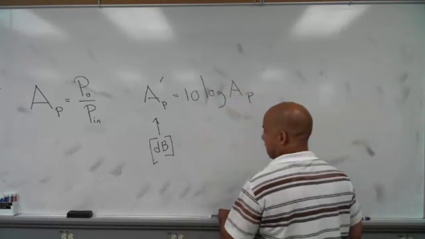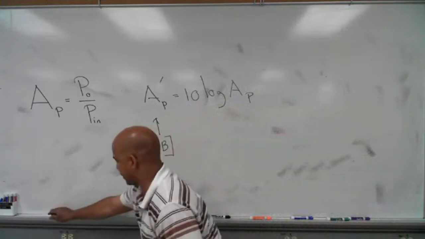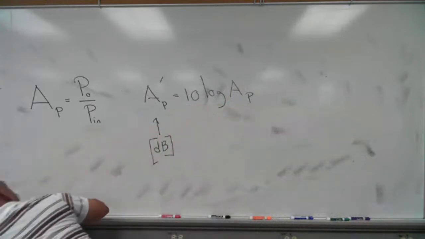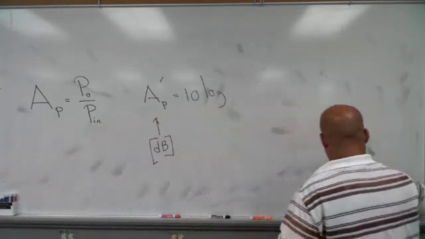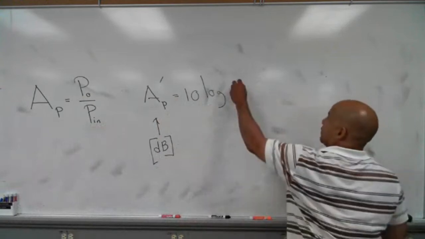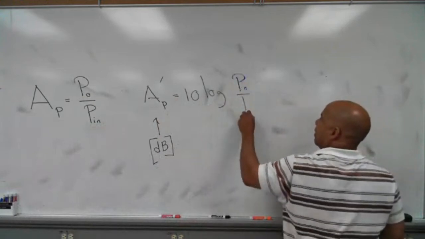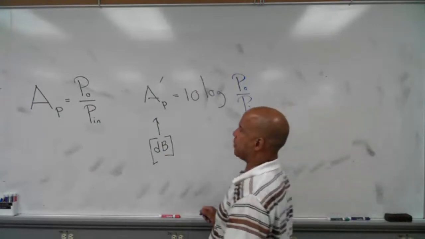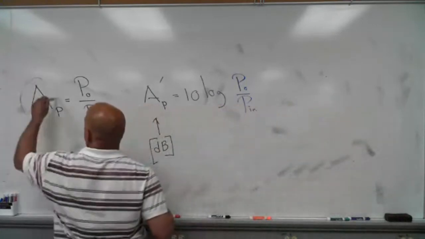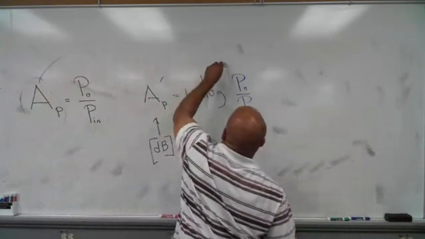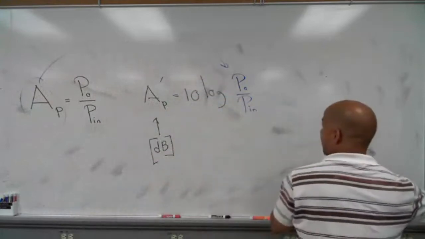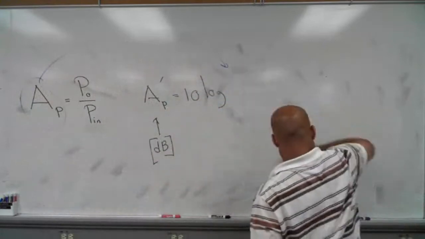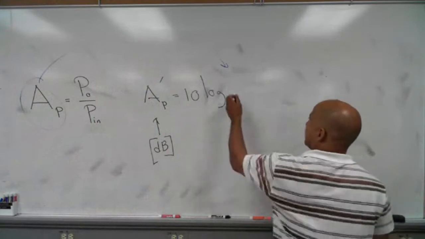Now remember what the regular gain is. It really is just P out over P in. I just substituted this in for that, and I wrote it like this.